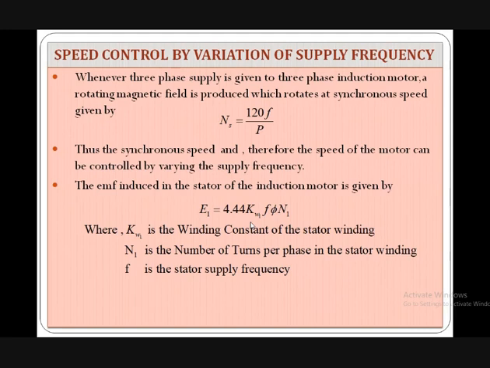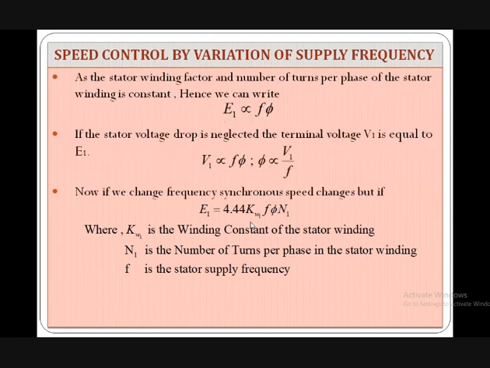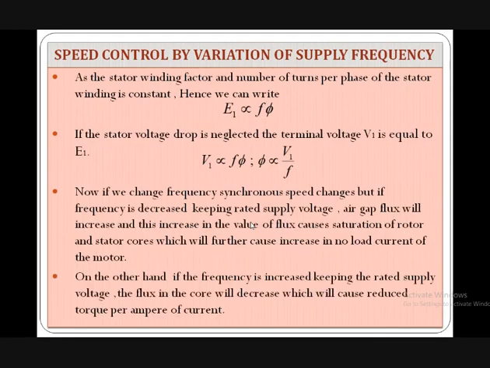Here kW1 is the winding constant of the stator winding, N1 is the number of turns per phase in the stator winding, and F is the stator supply frequency. So kW1 and N1 are constant and the equation simplifies to E1 directly proportional to F into phi.